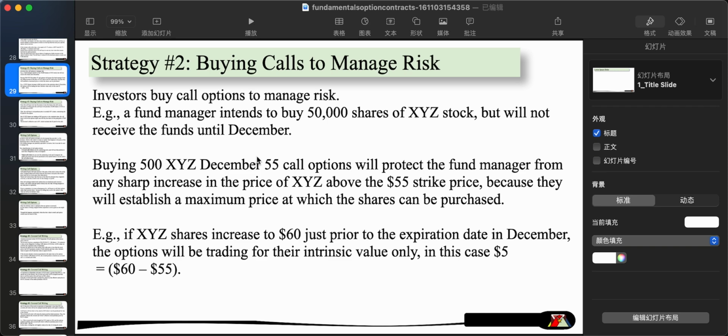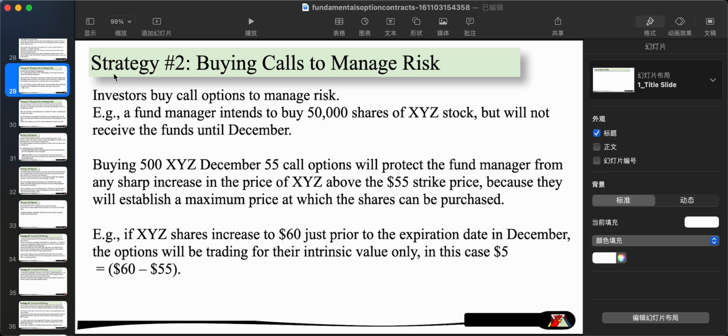purchased. For example, if XYZ shares increase to $60 just prior to the expiration date in December, the options will be trading for their intrinsic value only, in this case $5. And how do you get that number? $60 minus $55.